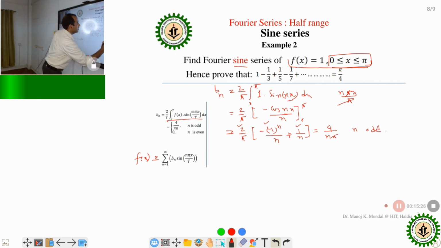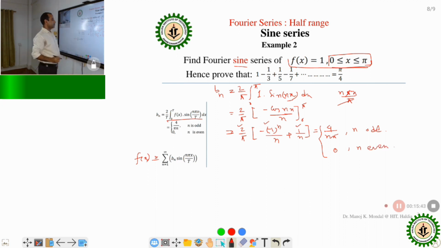And when n is even, (-1) to the power n is plus 1, and minus 1 plus 1 is 0, so bn is 0 when n is even. So this is our bn.